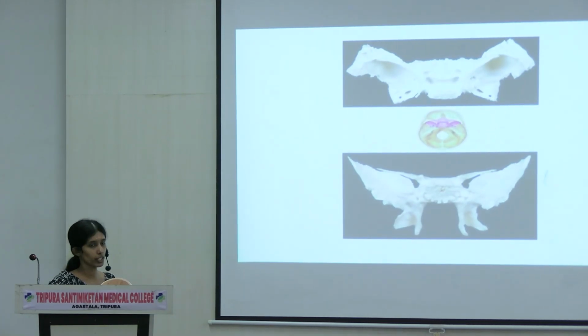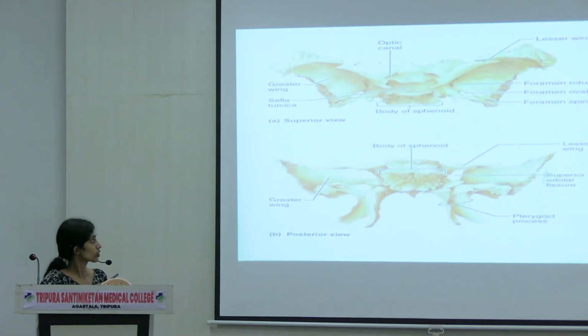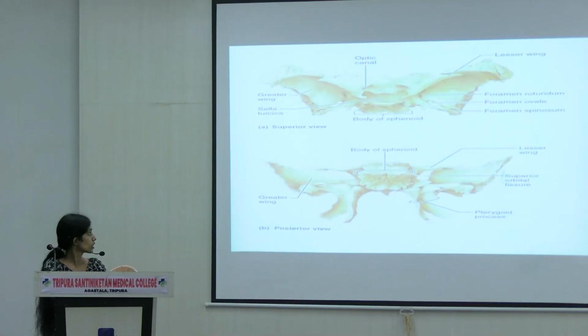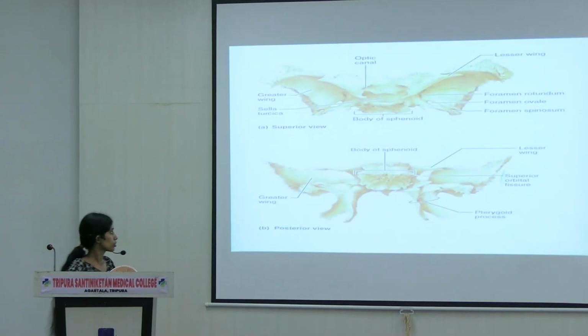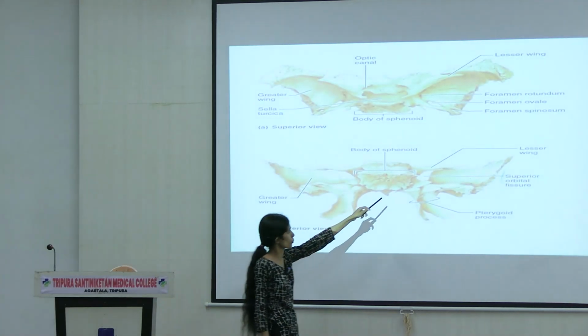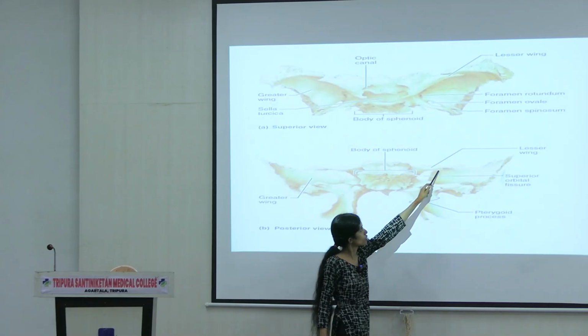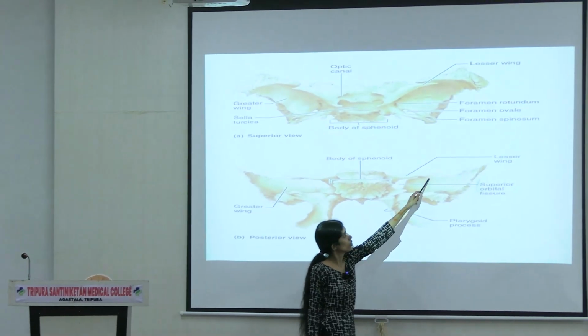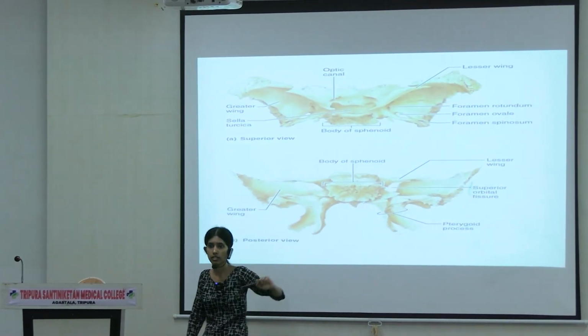Any doubts in this one? Any doubts in the sphenoid bone? You can see now. The first one is the anterior aspect, the second one is the posterior aspect. Don't get confused, this is the superior orbital fissure. This opening present here is called pterygomaxillary fissure.